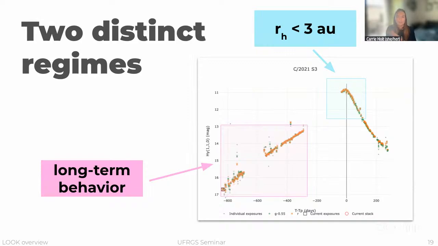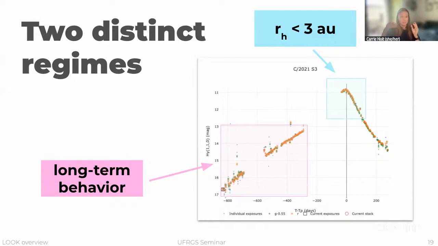I want to pause for a second now that we got there and say, like I said, the inner region closer to the sun does not negate past studies. What we found in our study was that all comets in our sample that spanned into the water ice sublimation regime can be separated into those two regimes. You have the long-term behavior outside of 3 AU, and then inside of 3 AU you have much more different things happening because they're a lot more active.